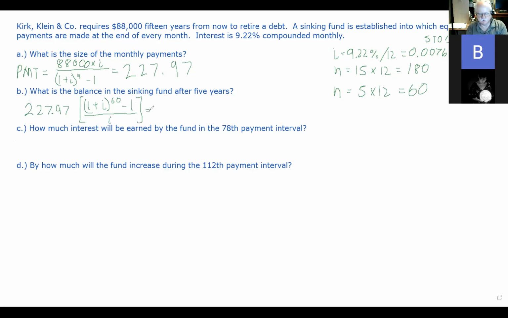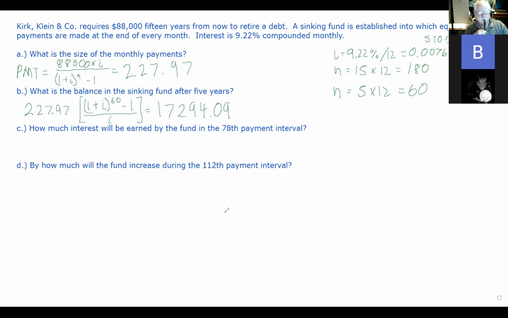So let's see if we can do that. Recall 1 plus 1, y to the x 60, minus 1 divided by recall 1 times 227.97. And I'm getting 17,294.09.